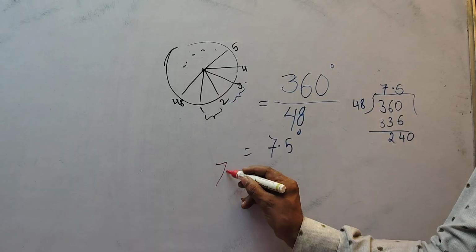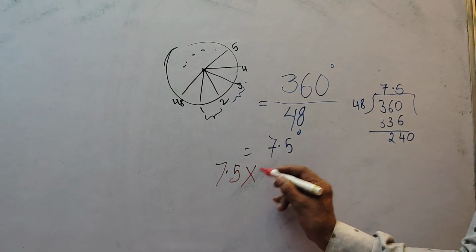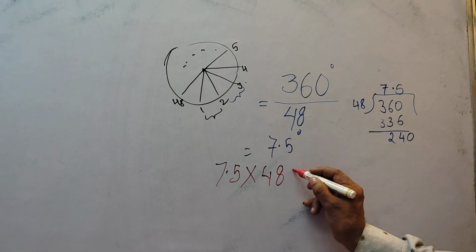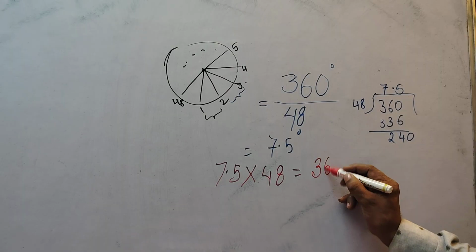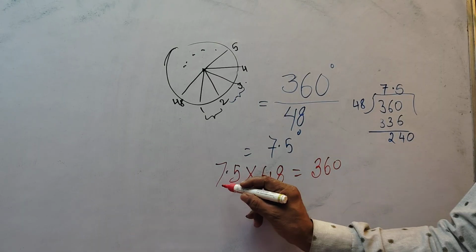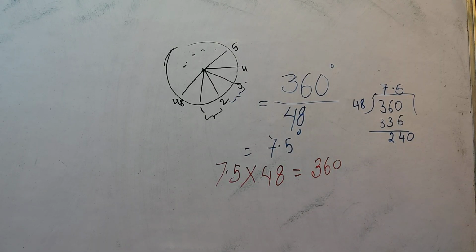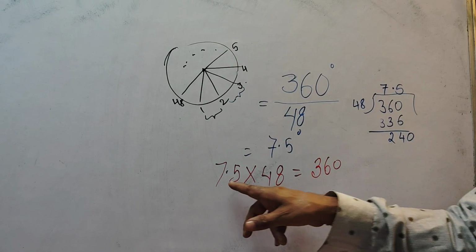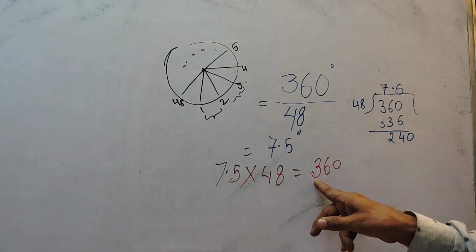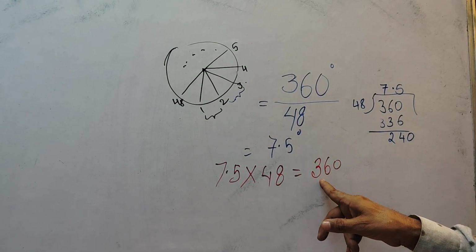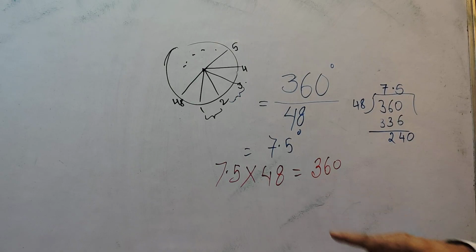We can also check the answer. 7.5 times 48 should be equal to 360. Multiplying 7.5 and 48 gives us 360. Yes, correct.